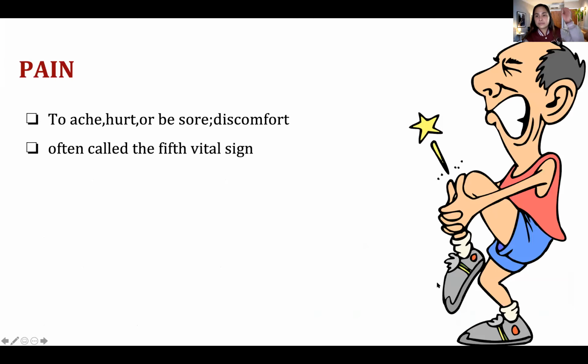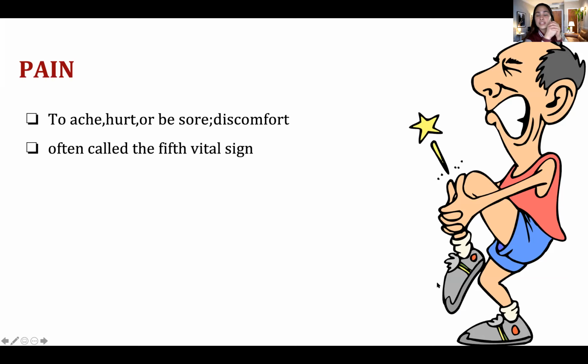Okay? Pain. You know that pain is considered the fifth vital sign. So the first is temperature, second is respiratory rate, third is pulse rate, and fourth is blood pressure. So they are considering pain as the fifth vital sign.